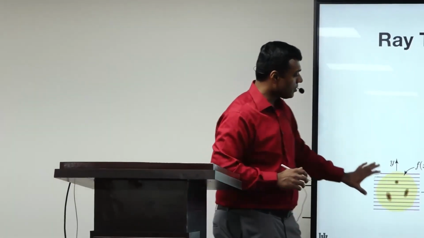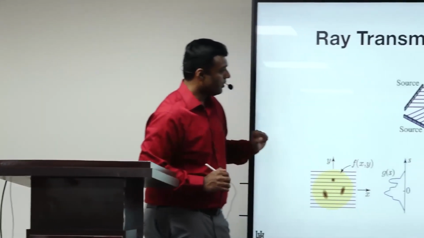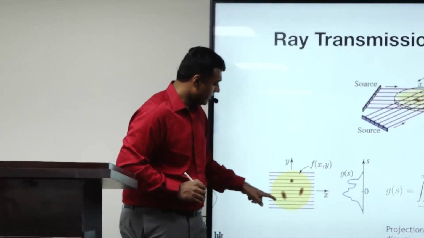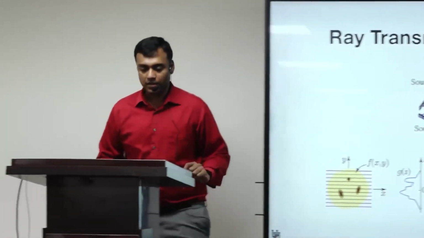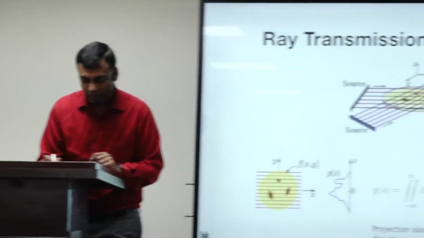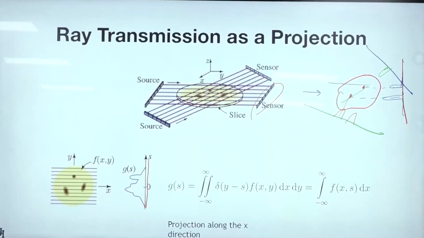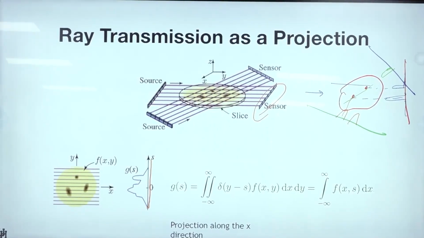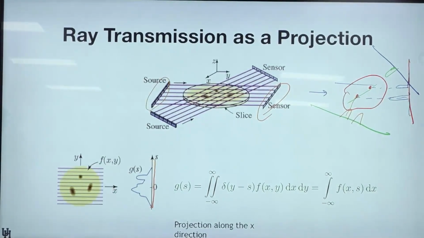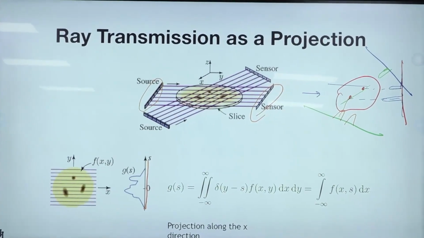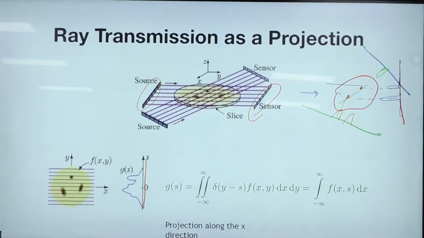Okay. To give you an example, you have three objects here. Light goes through, and this is an array detector, so we are assuming that the detector is an array. The source is also an array, a bunch of parallel lines covering the entire object.